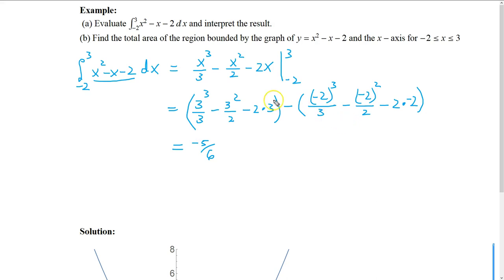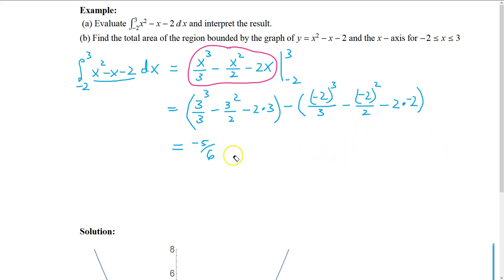And once again, the easiest way to evaluate this is to plug this function into one of your Y1 or Y2 registers of a graphing calculator like a TI-83 or 89 and evaluate Y1 of 3 minus Y1 of -2. That's the easiest way to evaluate this.